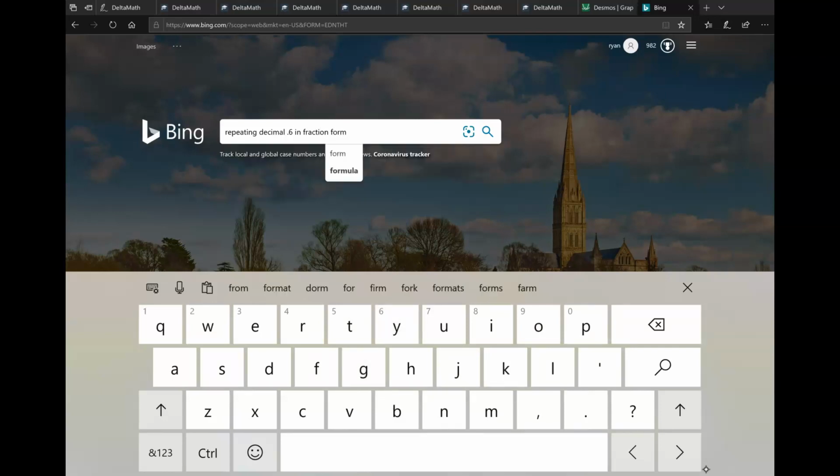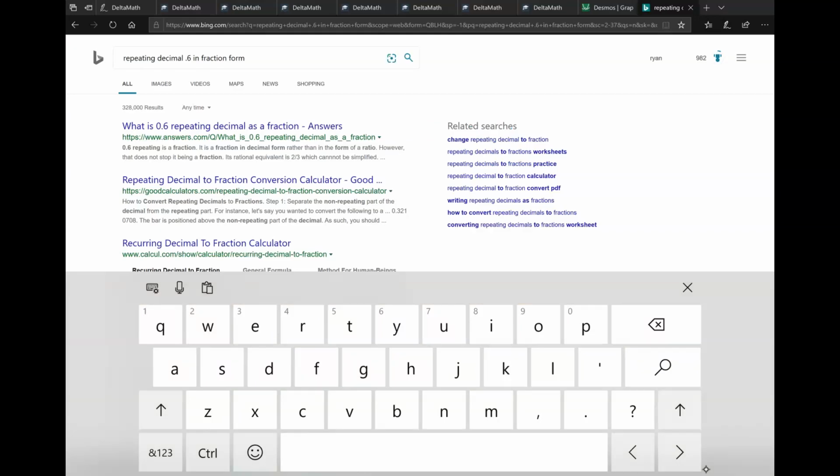I can look better in a video later. I don't know why I'm struggling right now. Repeating decimal point 6 in fraction form is 2/3.